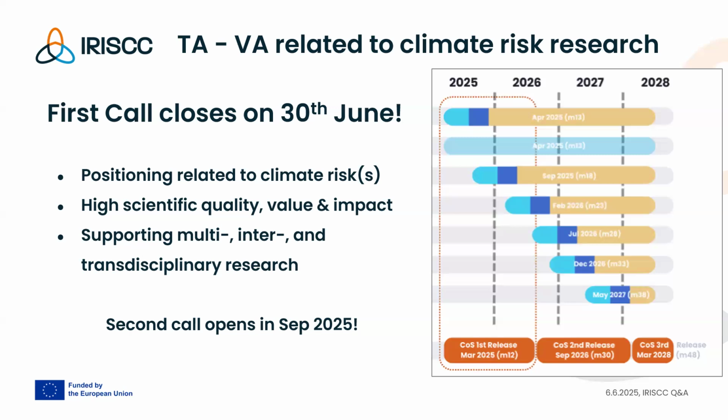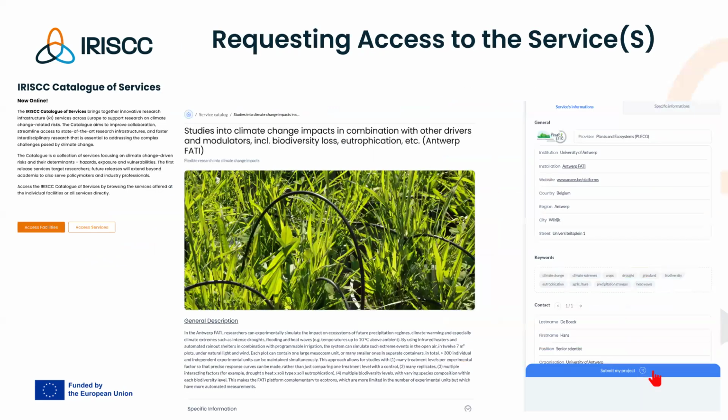And it should also allow as much as possible multi-, inter-, and transdisciplinary research. So as I said, the first call will close in June, but the second will open right after the summer, in September. So stay tuned for these opportunities that will come in the next months.